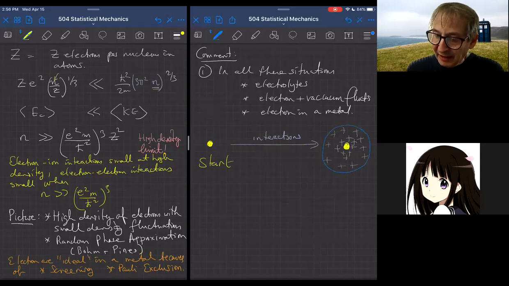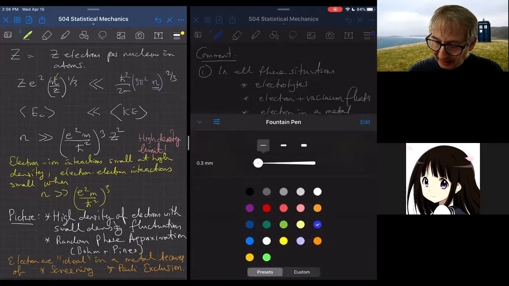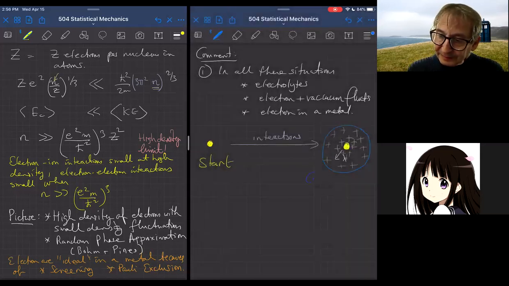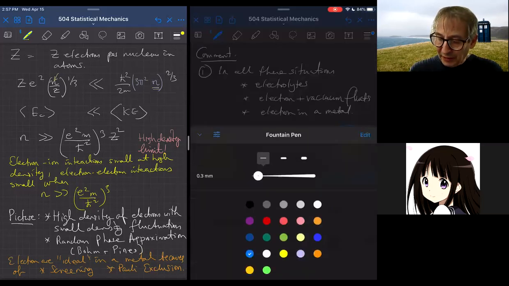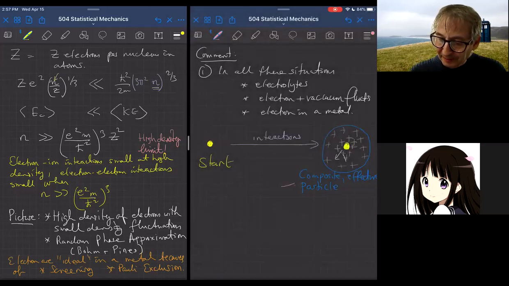The scale here is some Debye screening length, and so the idea is that this object behaves like a composite particle, or an effective particle, or an emergent particle, if you like. So this composite effective particle is what's known as a quasi-particle.